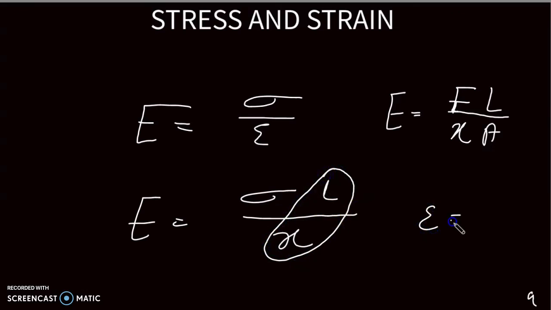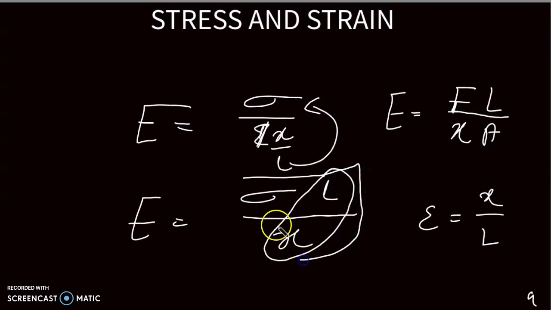We know strain is equal to change in length divided by the original length, so if we substitute that into the stress divided by strain formula, the terms rearrange, and that's why we end up with this formula. So you can use either this formula or that formula, depending on the information that you are given.